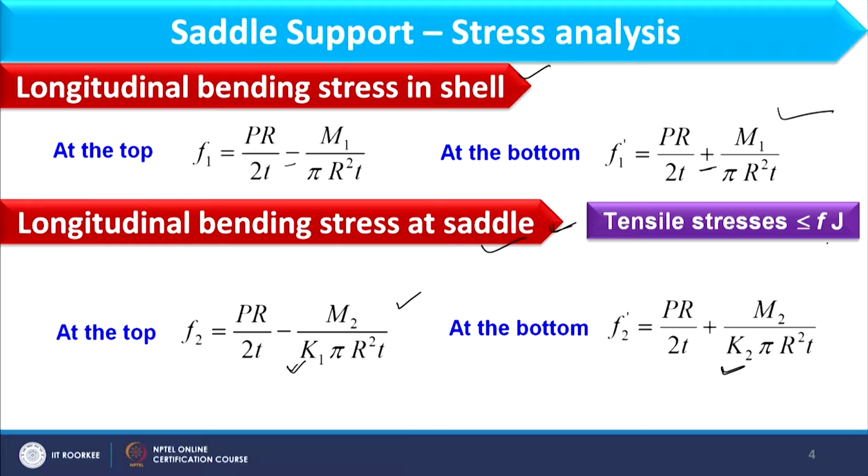For satisfactory design, all these stresses, that is F1, F1 dash, F2, F2 dash, should be less than or equal to F, where F is the allowable stress of shell. In this way we calculate stress in shell in longitudinal direction.